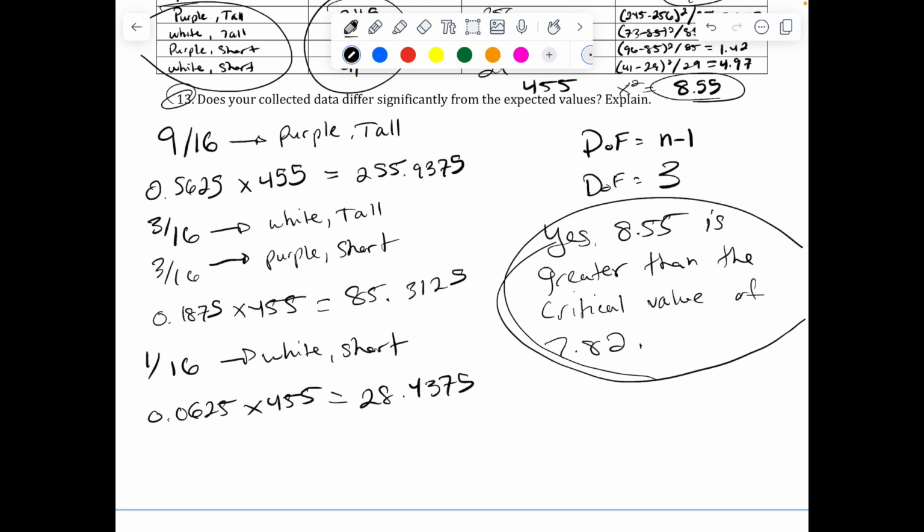So yes, this is significant. So we would think that this is some sort of non-Mendelian inheritance. It doesn't follow Mendel's laws. The law of segregation or the law of independent assortment is somehow being affected.